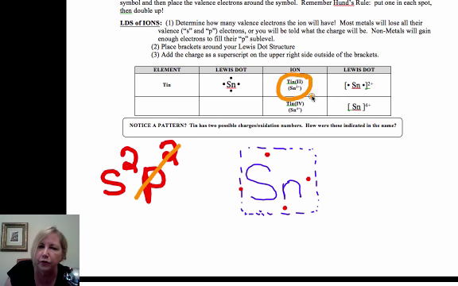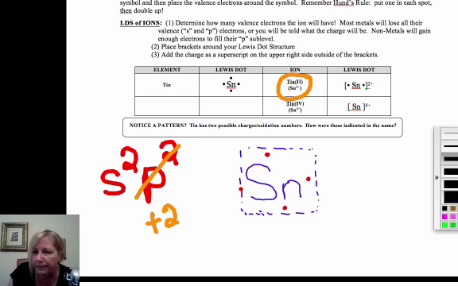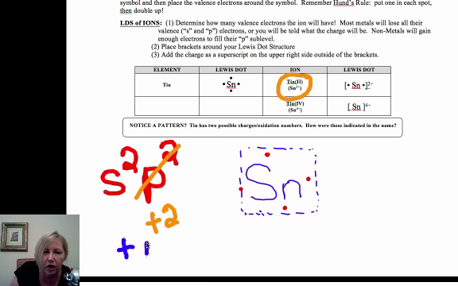We'll get to the fruition of naming in another unit, but we start it right now just to give you an indicator. We have to somehow tell you which ion we want, because tin can be plus 2 if it loses just the p sublevel, or it can be plus 4 if it loses both the p and the s's. So we have to tell you, and we do that with Roman numerals.